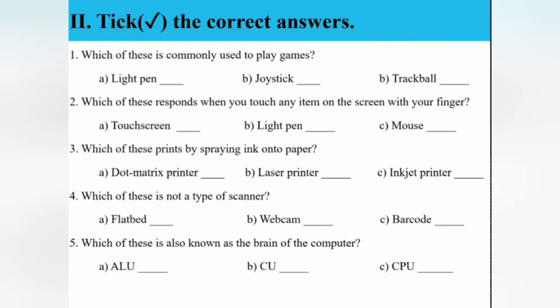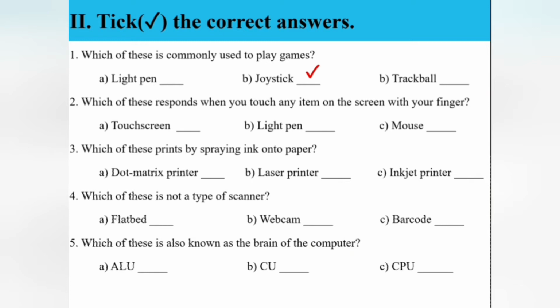The options are light pen, joystick, trackball. Which is the correct one? Which is used to play the games? The joystick is used to play the games. So the joystick is the correct answer.